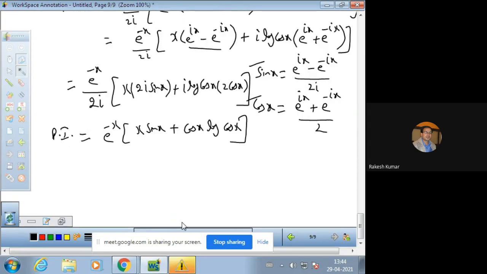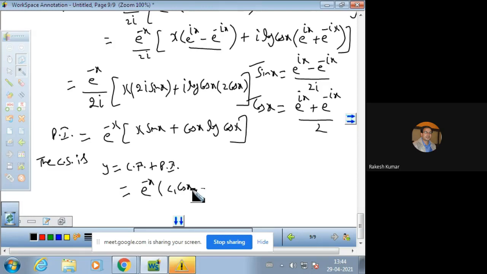And you know that the complete solution is y is equal to complementary function plus particular integral. And your complementary function was e raised to power minus x, c1 cos of x plus c2 sine of x, plus e raised to power minus x, x sine x plus cos of x log cos of x.